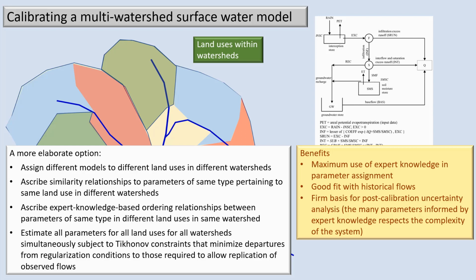And if that regularization can embody expert knowledge that expresses ordering relationships between parameters in different land uses and in different watersheds, then simultaneous calibration allows introduction of that information to the inversion process.